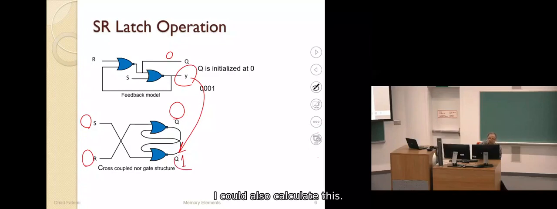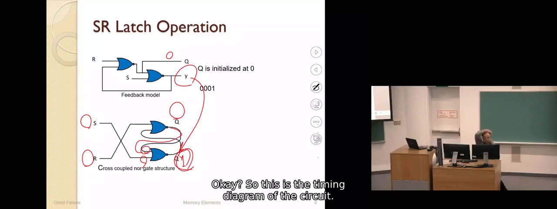I could also calculate this one. Q is 0, so this is 0. Also S is 0. So 0 NOR 0 is 1. So this is 1. Okay? So if Q is 0, then based on this circuit, we have 1 at Q prime.